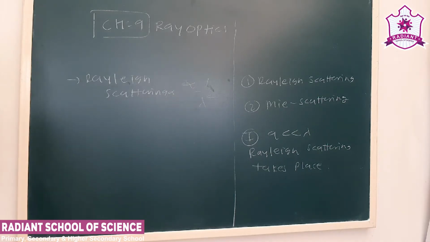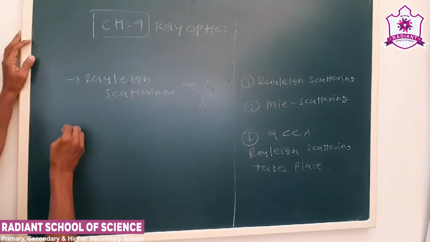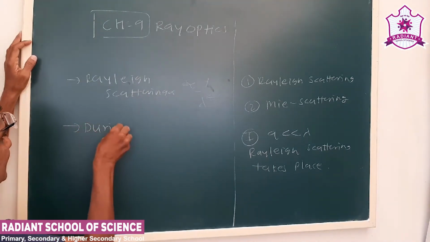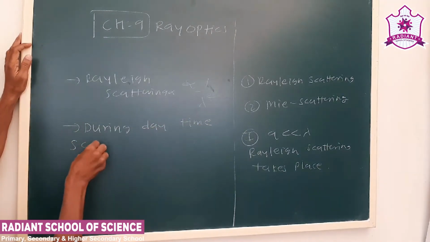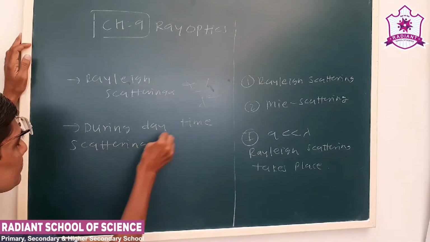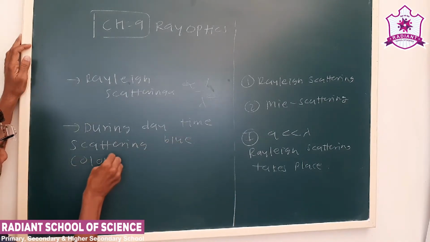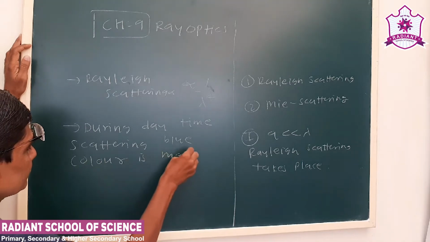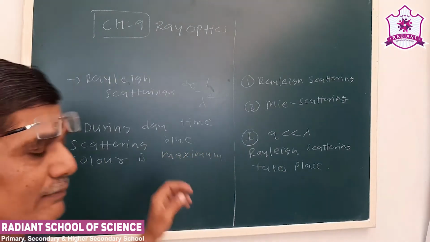Now see what are the effects of Rayleigh scattering. See, during the daytime, the scattering of blue color is maximum. Just now we have seen in VIBGYOR there are 7 colors.